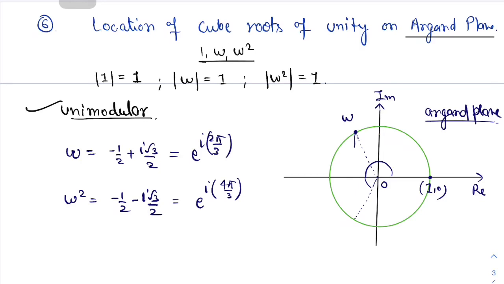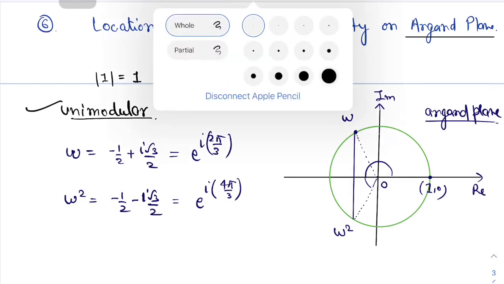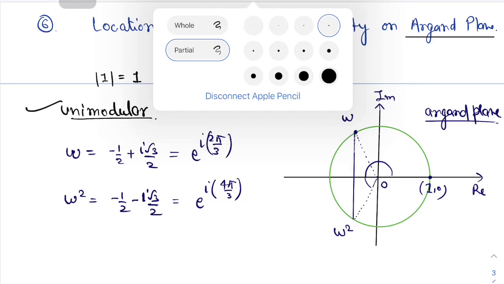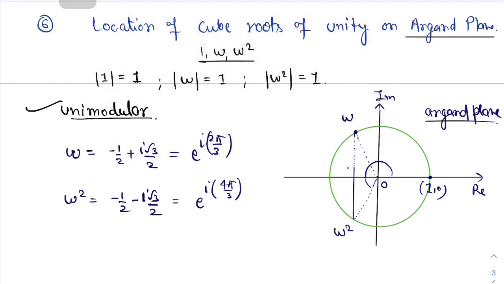We can also locate this omega square by considering it to be the conjugate of omega. We already know that omega and omega square are conjugates of each other. Geometrically speaking, the conjugate is the mirror image of any complex number in the real axis.